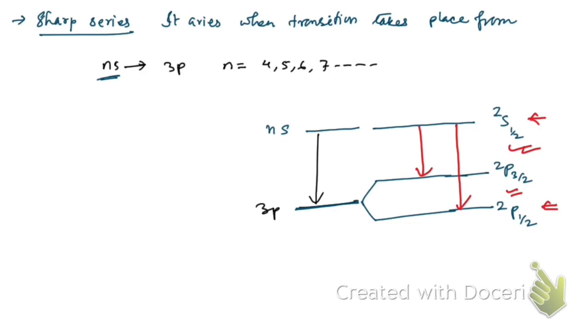So that's going to be the diffuse series. Okay, let us discuss the diffuse series. So let me clean this first. Okay, take the screenshot. Now, next one is the diffuse series.